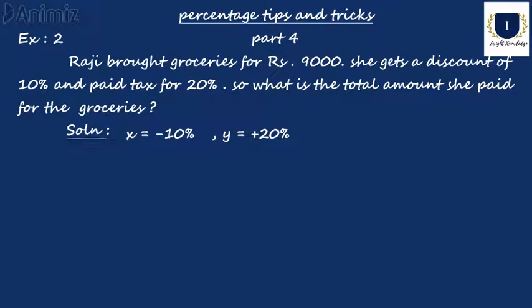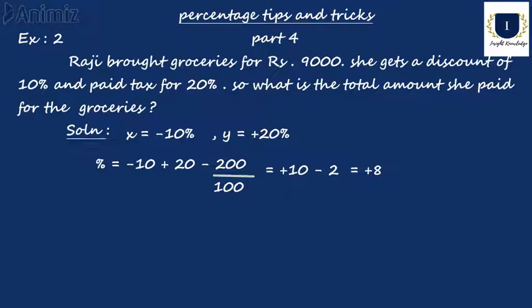By applying in the successive percentage formula, percentage is equal to minus 10 plus 20 minus x into y, means 10 into 20, and minus into plus gives minus, so minus 200 divided by 100. By reducing it, we get plus 10 minus 2, which is plus 8. What does this plus 8 denote? It denotes she has to pay an extra 8% of the amount she paid for the groceries.